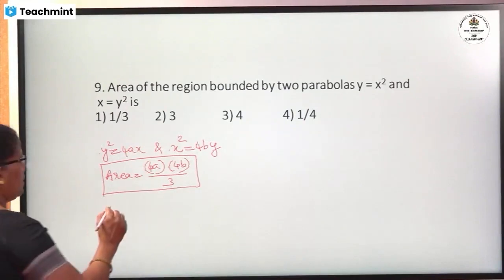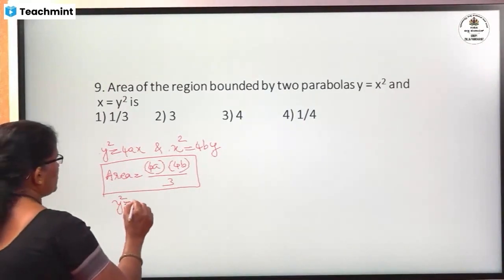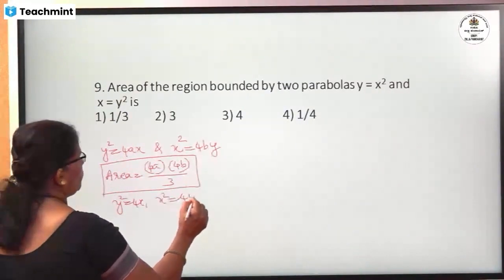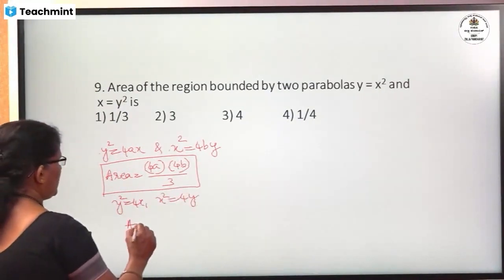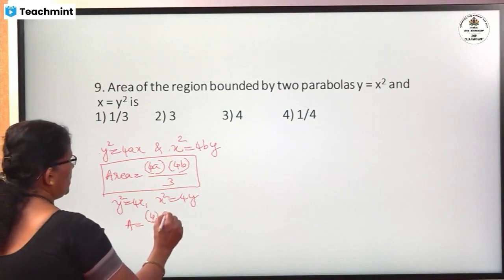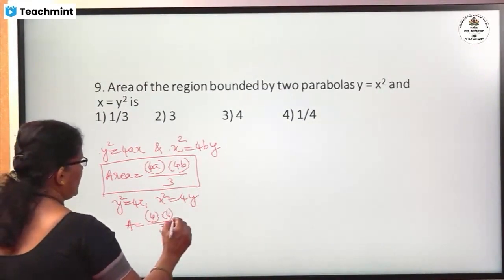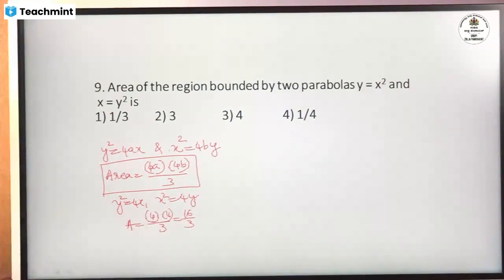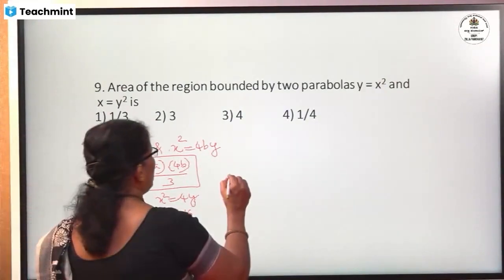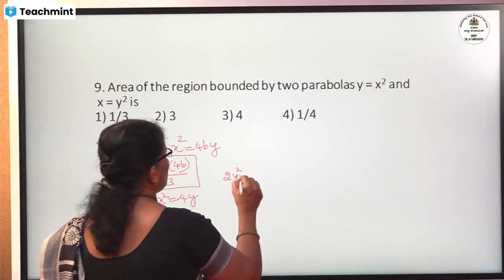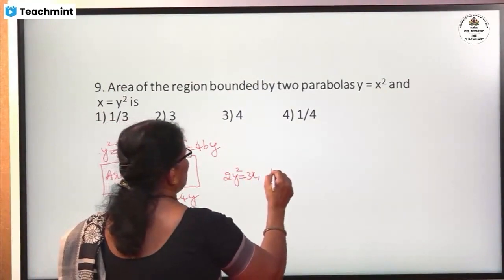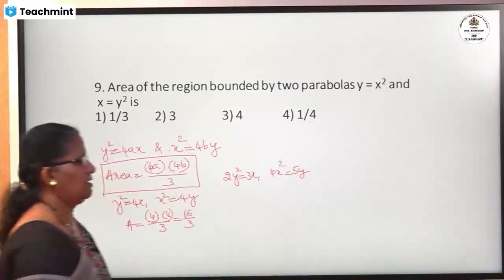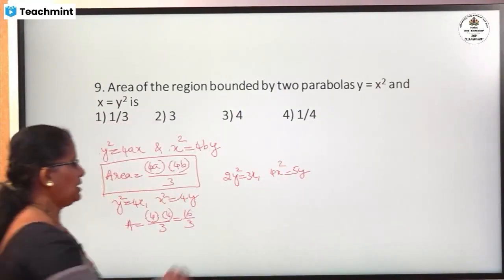As an example, if I want y squared is equal to 4x, x squared is equal to 4y. What is the area? It is 4 into 4 divided by 3, 16 divided by 3. Suppose say I have 2y squared equal to 3x, 4x squared is equal to 5y. Then what is my area?